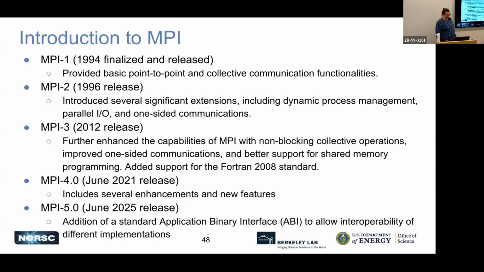Like I said, in the early 1990s, 1994, MPI 1 was finalized and released. It was pretty basic, I guess, but it's really what most people use the most of. MPI 2 came out in 1996, and there were some extensions. MPI 3 was in 2012. MPI 4 in June 2021, and MPI 5 in June 2025.